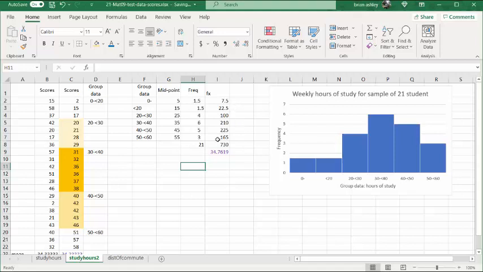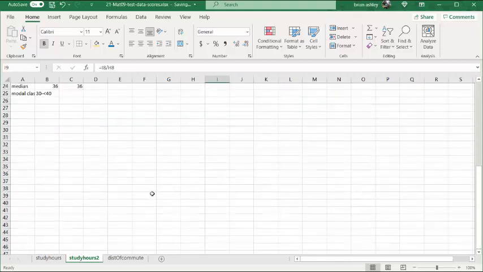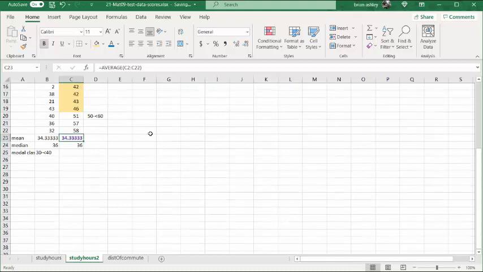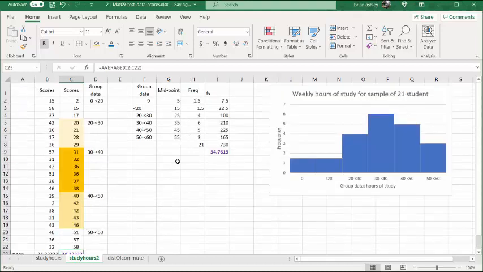Let's do it from the table. Median, I'll bold it, 34.76, 34.33, not much difference.